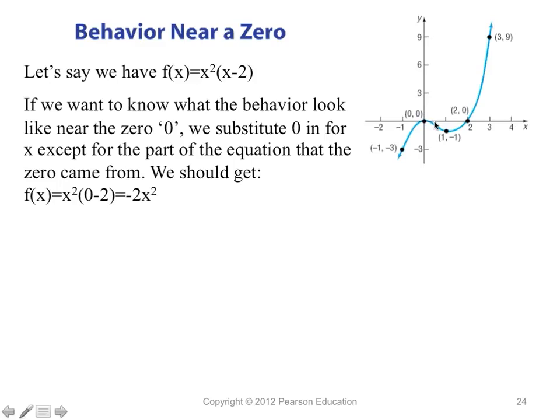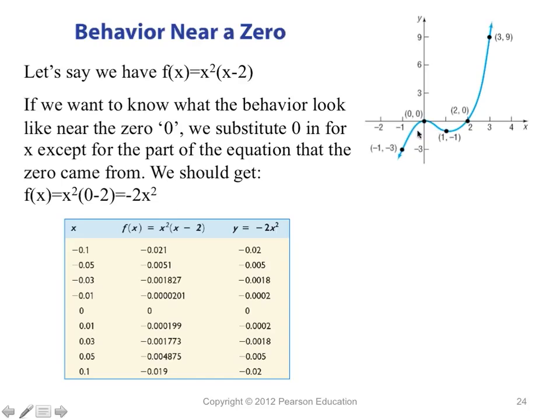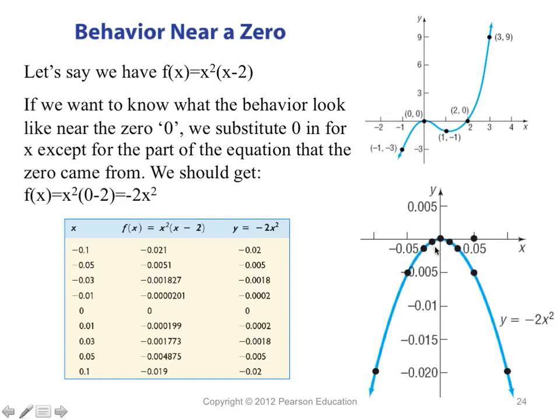If we take a look at this near 0, we'll find that our graph looks kind of like an upside down parabola, just like negative 2x squared does. Okay, so that's what that one implies. We can look at the actual points here as well, but what you can see is that near 0 it does indeed look like this upside down parabola of negative 2x squared.